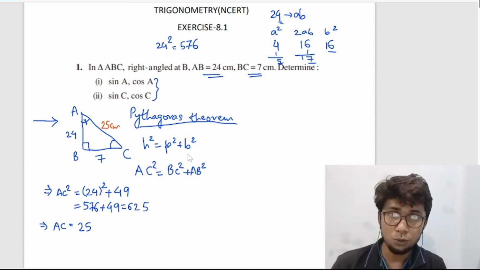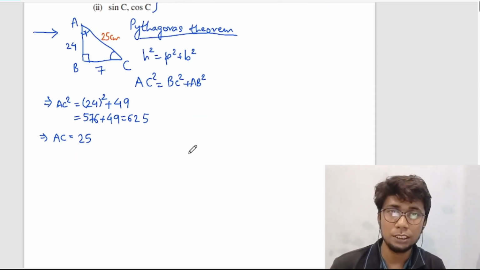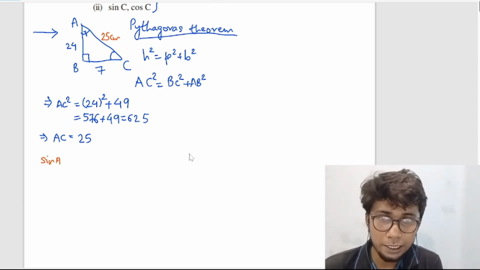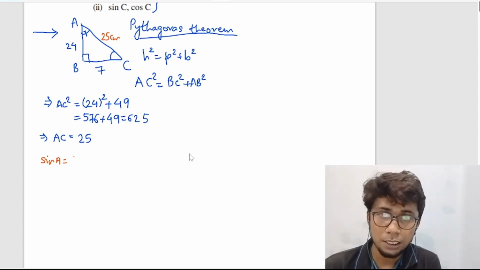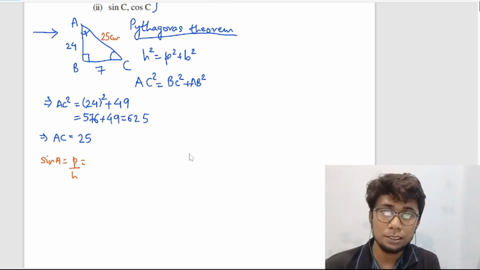Now what do we have to calculate? We have to calculate sine A and cos A, and similarly sine C and cos C. Fine. So let's see sine A. Sine A is perpendicular upon hypotenuse, right? What is perpendicular for A? This 7, right?